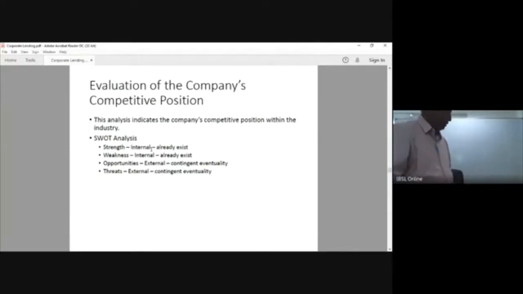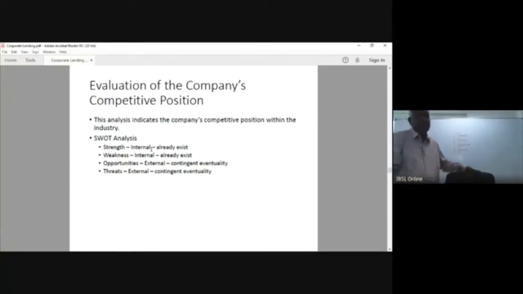Strength, weaknesses, opportunity, and threat analysis.